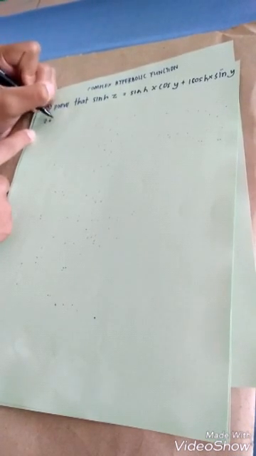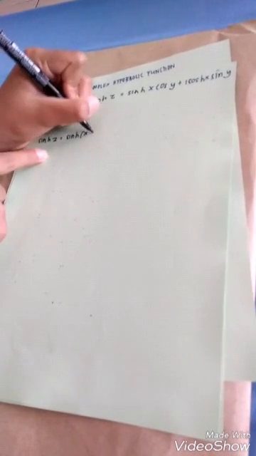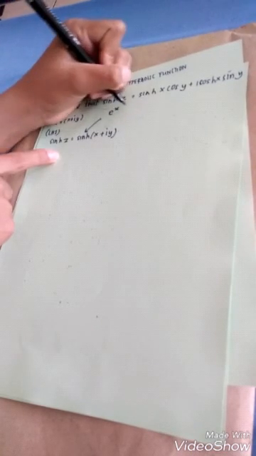For z, we assume x plus iy. So for the left hand side, sinh z equals sinh of x plus iy. As we know, sinh equals e^x minus e^(-x) over 2.